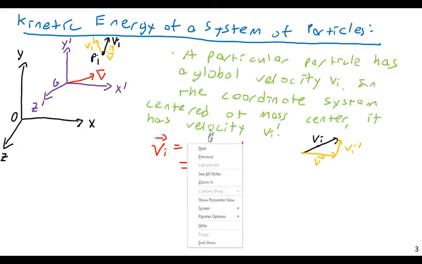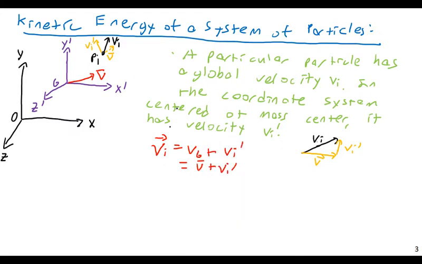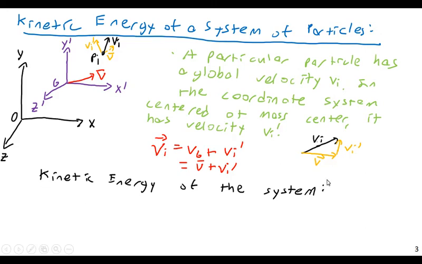Okay, so since I have this vi here, I can look at the kinetic energy of the system. Now, have you ever sat back and thought about this: is kinetic energy constant across reference frames?